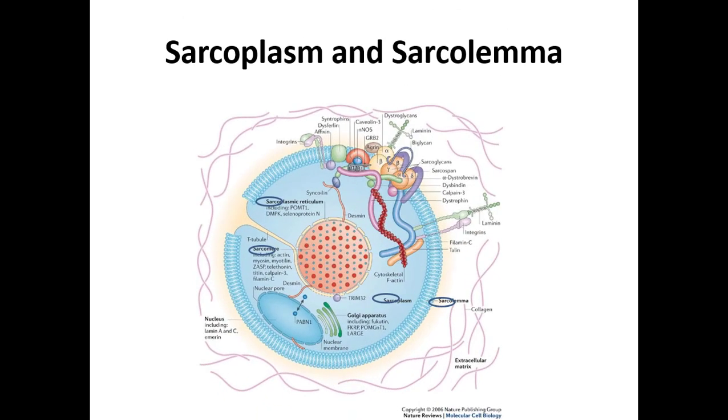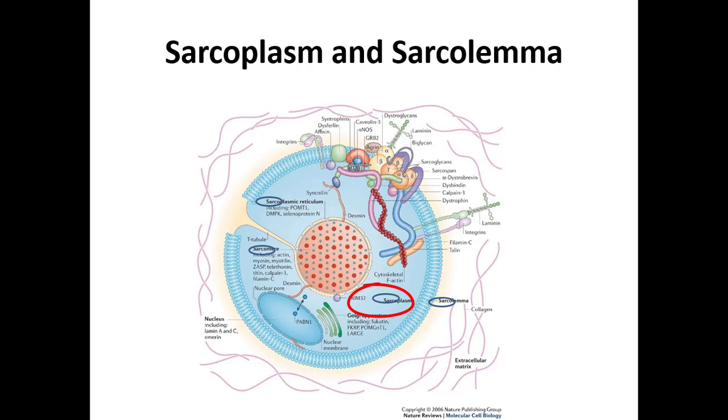Sarco means flesh or muscular substance. So the sarcoplasmic reticulum is an intracellular system of closed sac-like membranes involved in the storage of calcium in the muscle cell. A sarcomere is the basic contractile unit of a muscle fiber, and sarcoplasm is the cytoplasm of a myocyte, meaning muscle fiber.